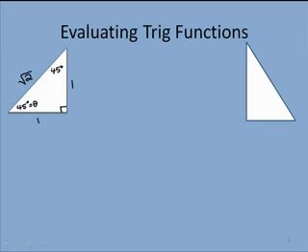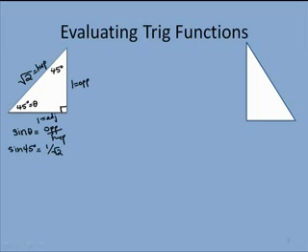And let's evaluate sine of 45 degrees. So we know that sine of theta equals opposite over hypotenuse. So sine of 45 degrees equals, the opposite is 1, so 1 over our hypotenuse, the square root of 2.